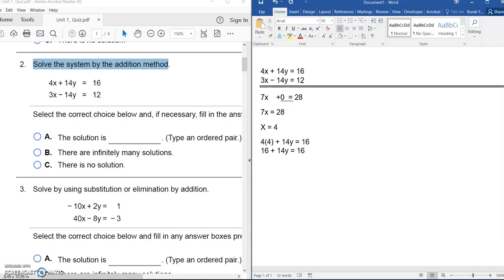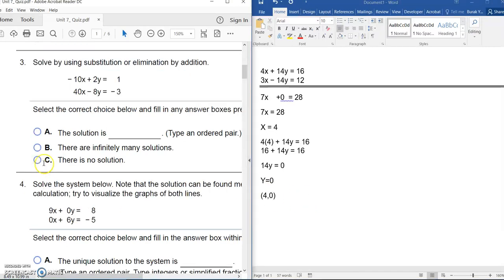And then you subtract 16 from both sides, which means this 16 will be cancelled. You only have 14y left on this side, and the 16s on this side will also cancel, so you got 0. And then 14 times y equals 0, that means y must be equal to 0. So as an ordered pair, again, write x first, which is 4, and y next, which is 0. 4, 0 is the right answer.